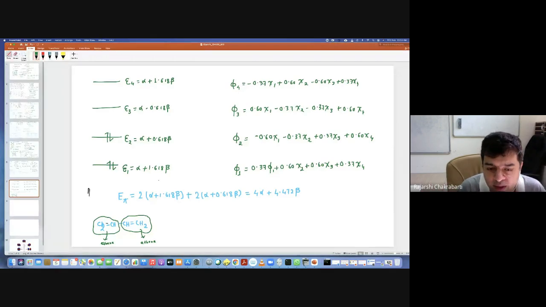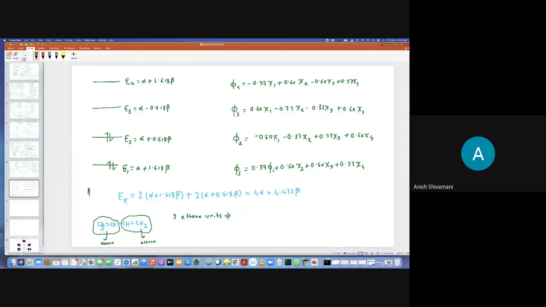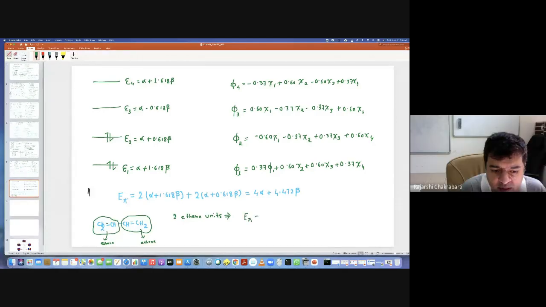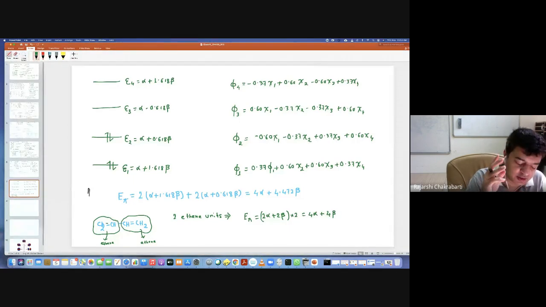Had it been two ethene units, what would the pi electron energy be? 4 alpha plus 4 beta, because for each ethene you have 2 alpha plus 2 beta, into 2. So this is different. So 2 ethene is not equal to 1 butadiene. Okay, fine with it.